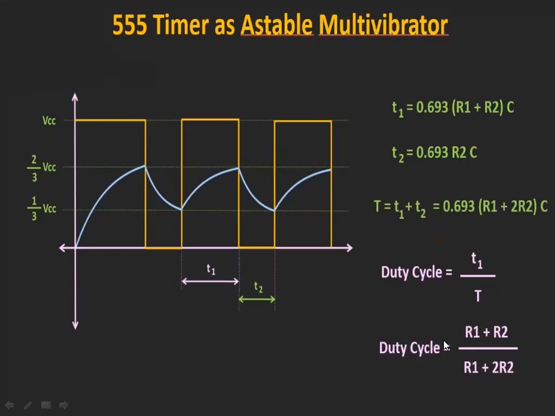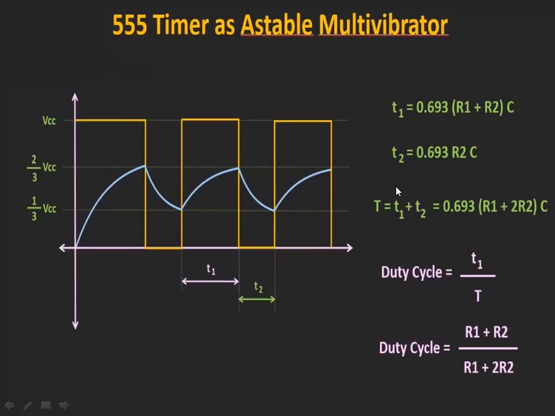So for that we have to make the charging time period of the capacitor equal to the discharging time period. For making that, we have to make R1 plus this resistance equal to this resistance. That means T1 must be equal to T2.